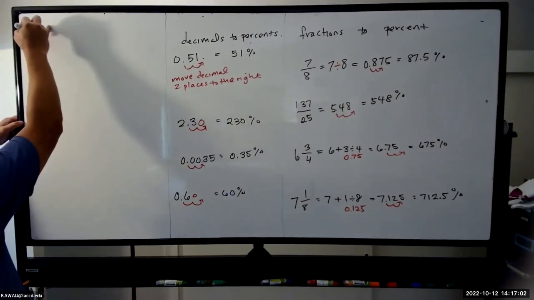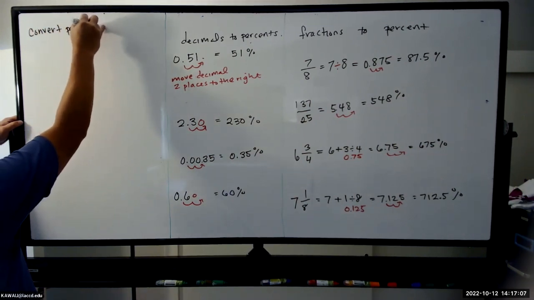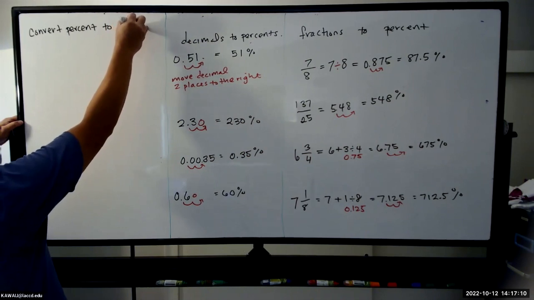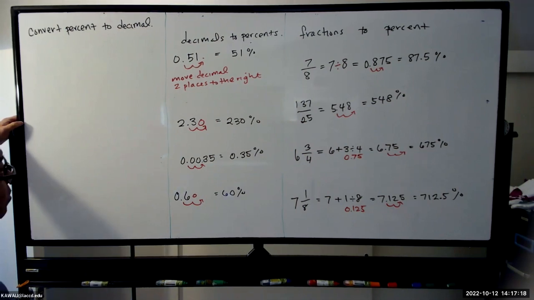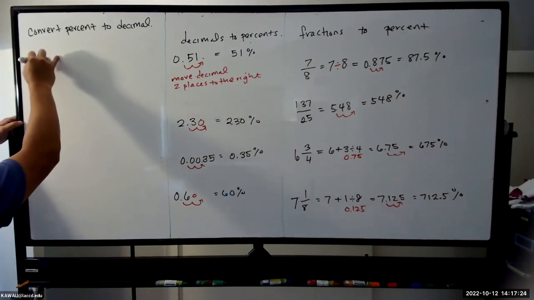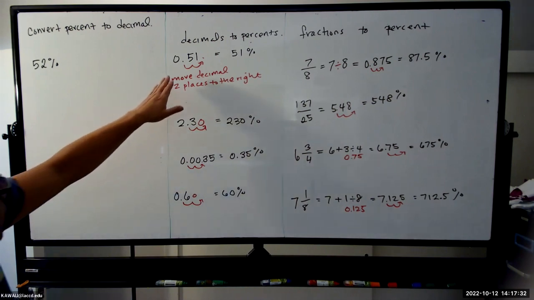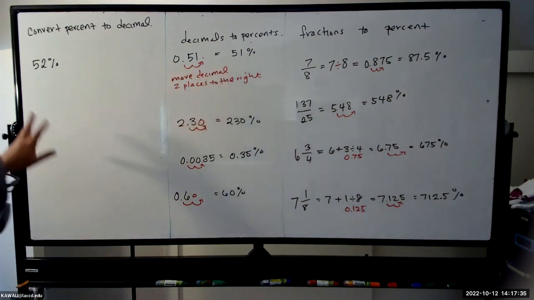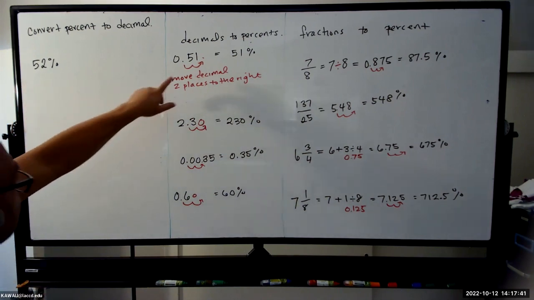Okay. So let's convert percent to decimal. So I want to do something like 52%. Now we saw that when we went from decimals to percent, we moved the decimal 2 places to the right. Now, when going from percent to decimal, we're just going to do the opposite.